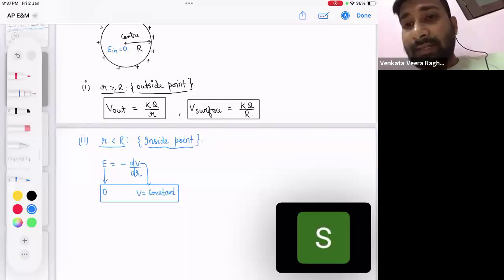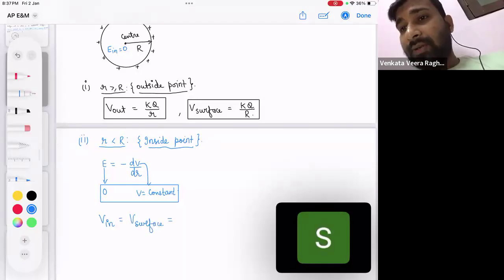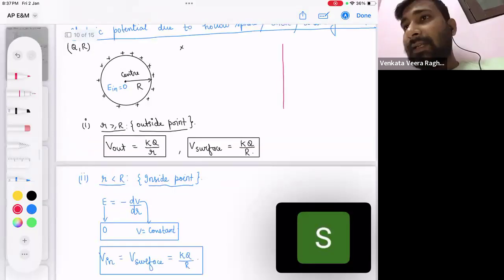It is the same as the surface value. So the inside point and surface point will have the same value, and how much is that? kQ by capital R.